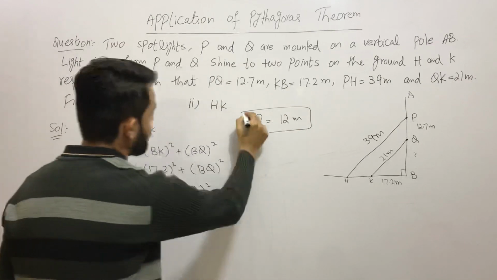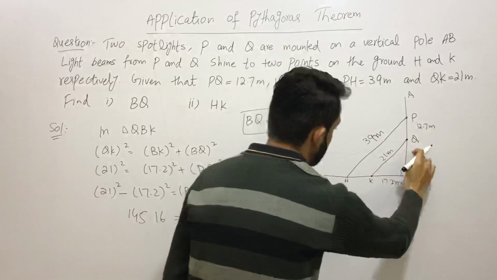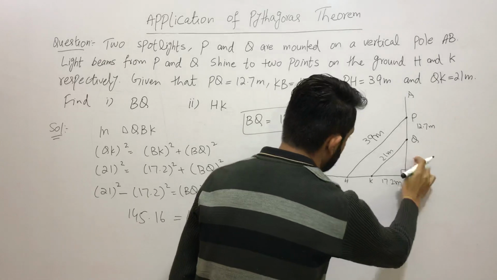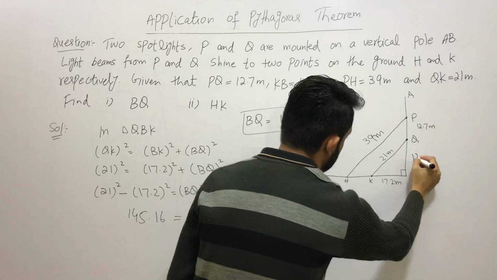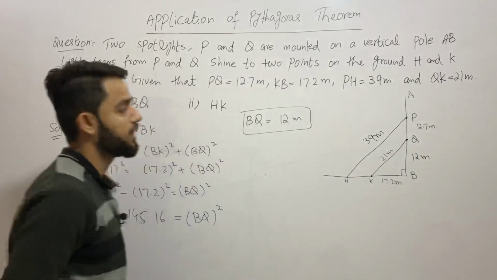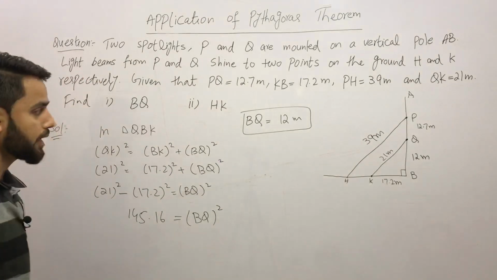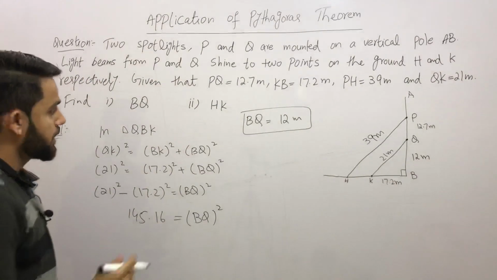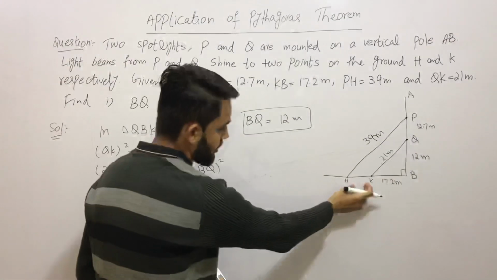So this is our first value that we need to find out, and in the replacement of the question mark I can write 12 meter very easily. Okay, now what's the other part? Now the other part says HK.